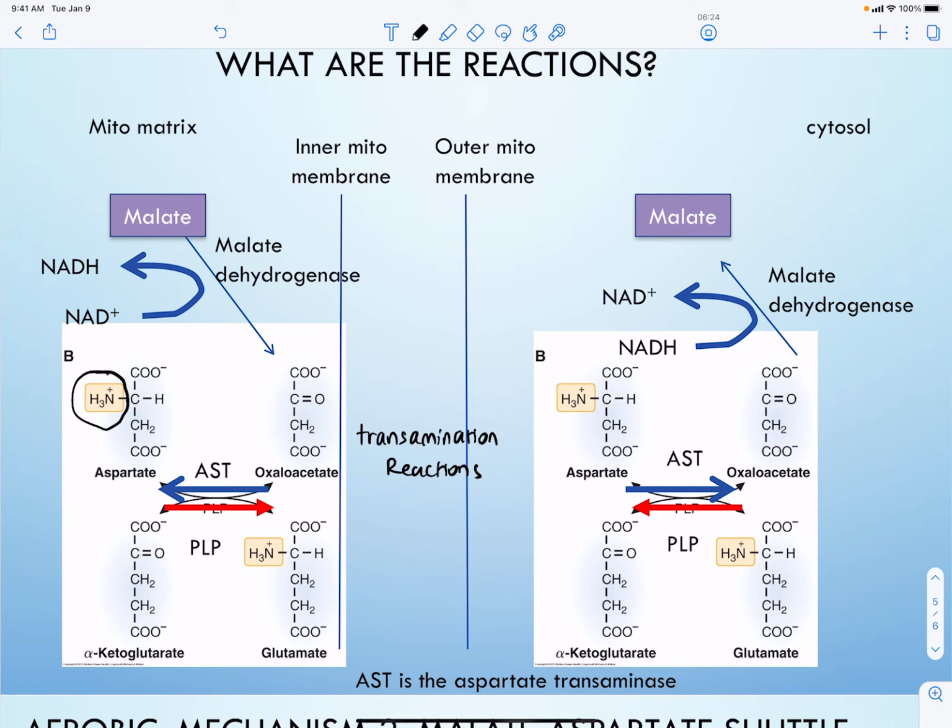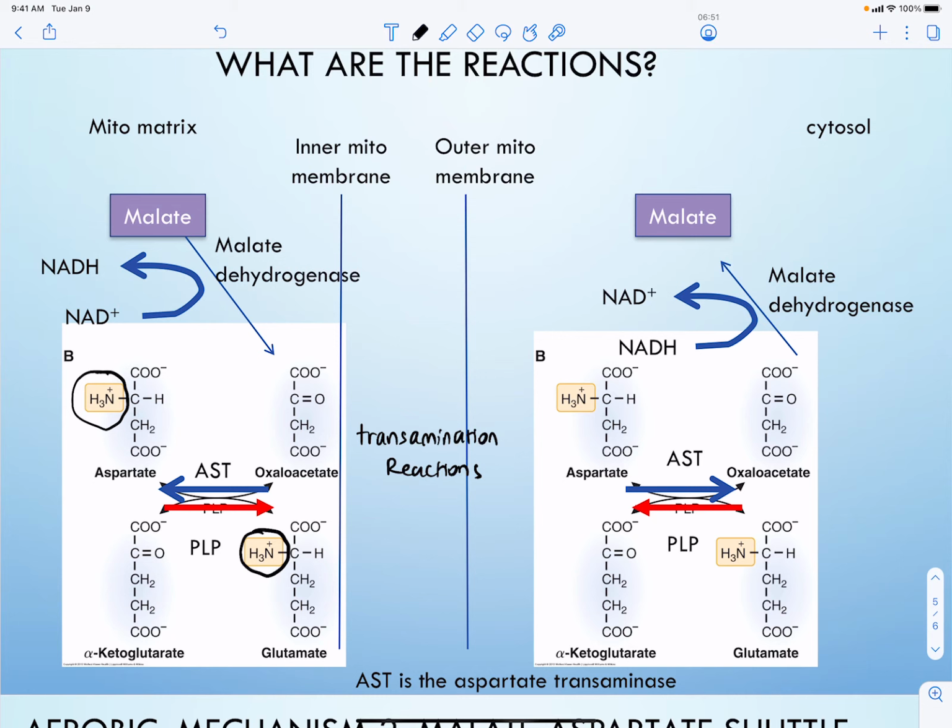So here we have aspartate, and you have an aspartate transaminase, and that's going to transfer the nitrogen from aspartate to glutamate. Or it's going to do the reverse, transfer it from glutamate to aspartate. And in the process, you're going to generate two other molecules. You're going to generate either oxaloacetate or alpha-ketoglutarate.